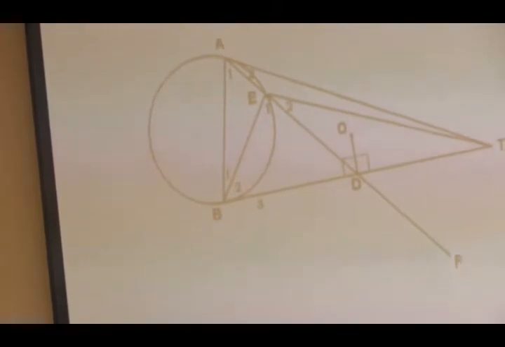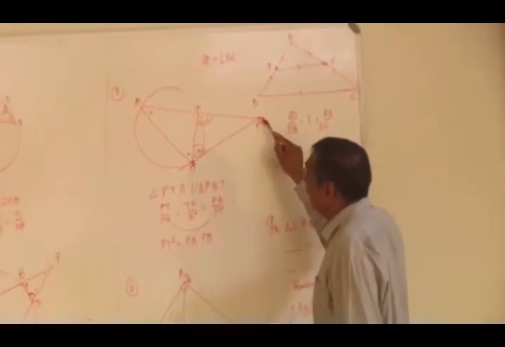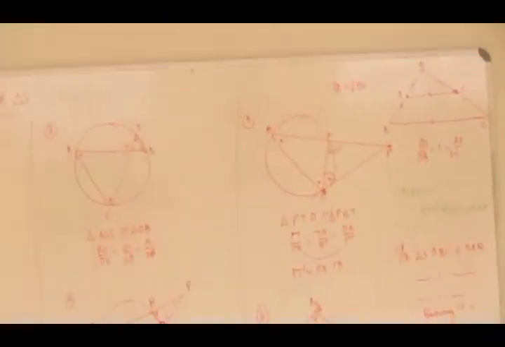The reason I can't find any of the 6 is because I have a tangent, but from T I don't have a secant. You see? So automatically I know I'm out, even though I removed that other circle so quickly. I can't have this shape at all coming up, because when I've got a tangent, I must have from here another line that will go right across and cut the circle. And I don't have that.